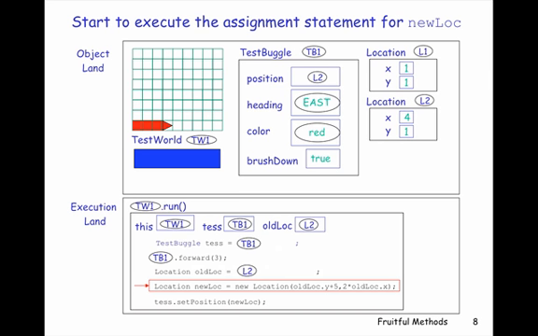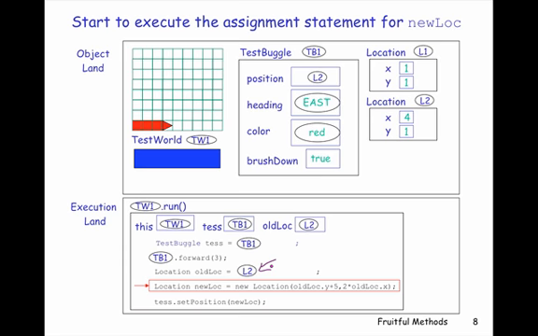Notice that what used to be the getPosition expression has now been in our model replaced by the object reference to L2. Because a fruitful method invocation is an expression that denotes a value. And in the Java execution model, when we evaluate that expression, we show the result of the evaluation, which is the value L2.